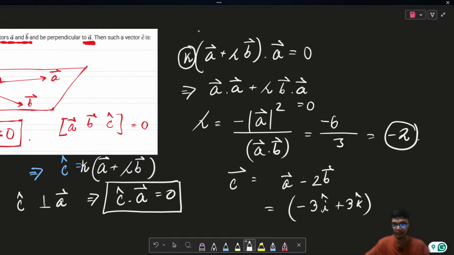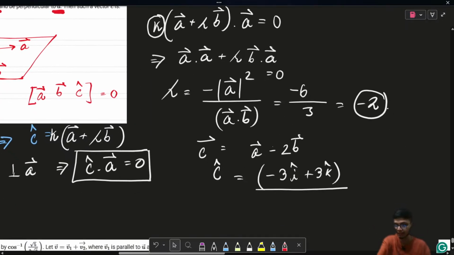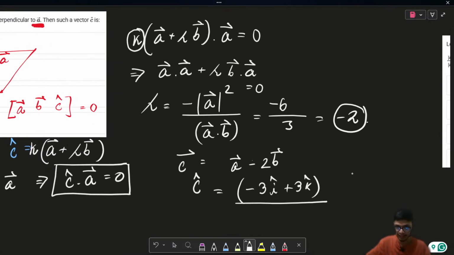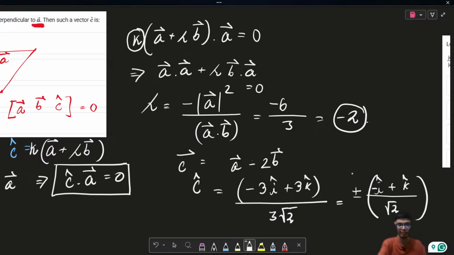Now this is basically done to make this c vector a unit vector, so the unit vector result will be given by simply dividing it by the magnitude of this vector. So the magnitude of this particular vector is 3 root 2. So if I do this division, I'm going to get the result as plus or minus (minus i cap plus k cap) divided by root 2. This is going to be the final answer.